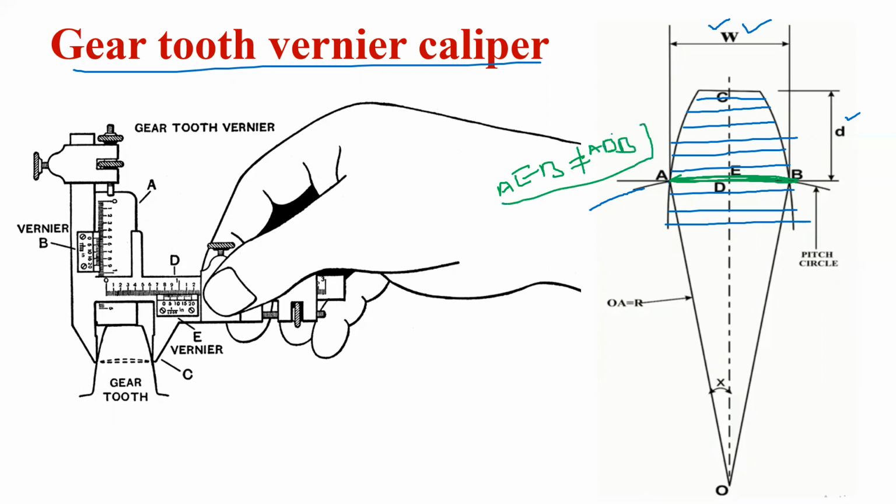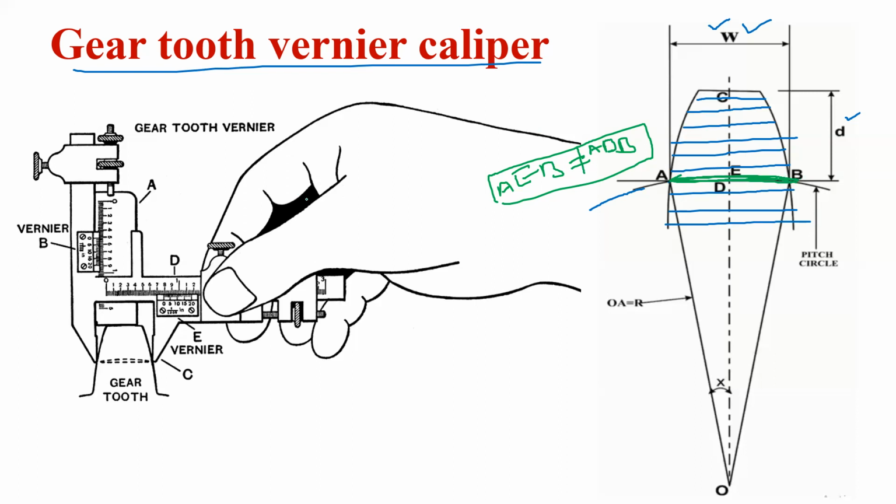As it is not possible to measure at AEB, we need to measure the chordal width at A and B, that is ADB. It is possible to measure ADB because it is a linear dimension.